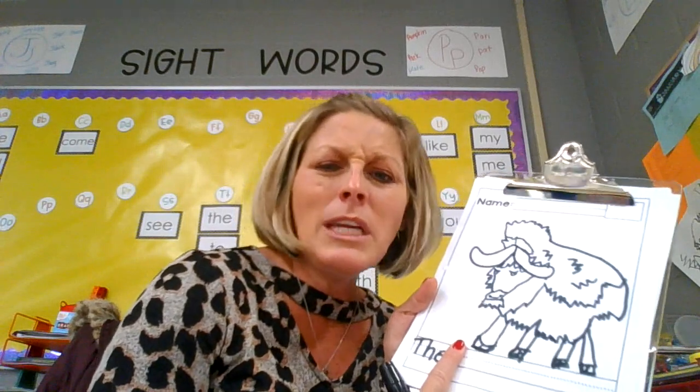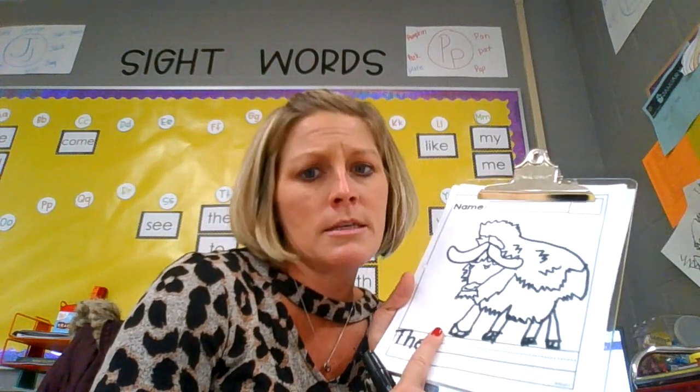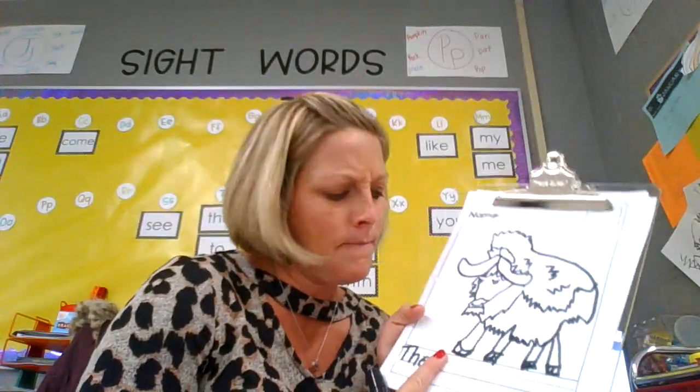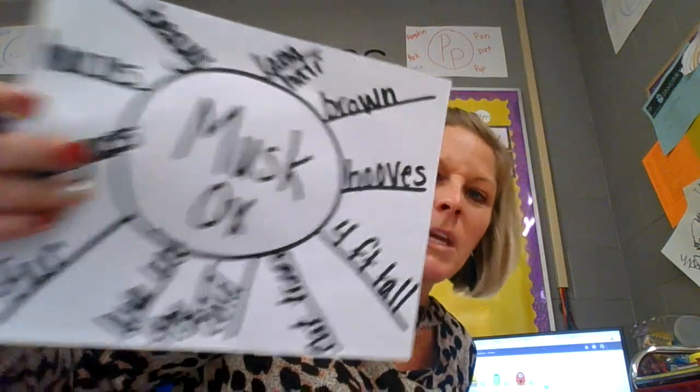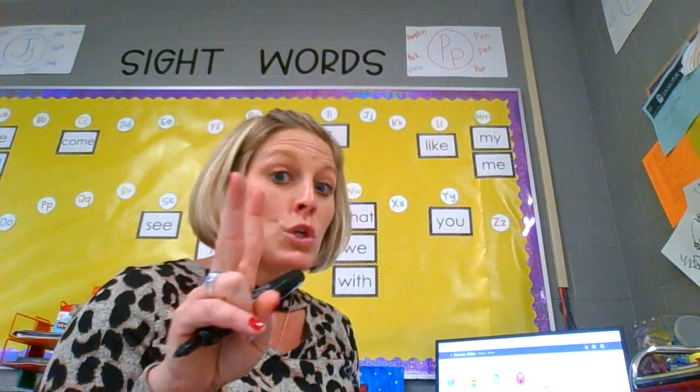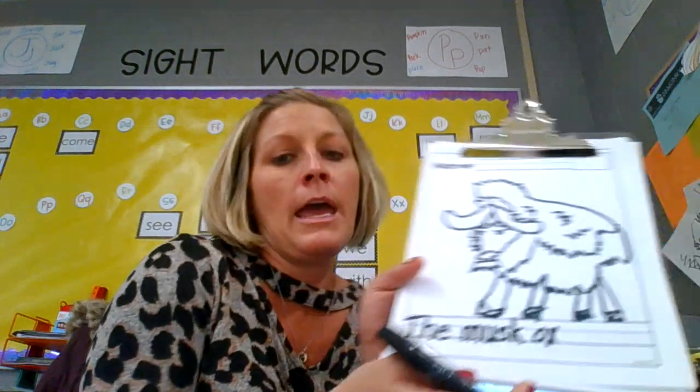Now we need to write the word musk ox because people might not know what this is, right? So musk, that's a hard word. I'm actually going to give it to you, musk ox, because I wrote it for you. But it's 2 words and it's all lowercase letters. So we're going to write musk ox. Okay?